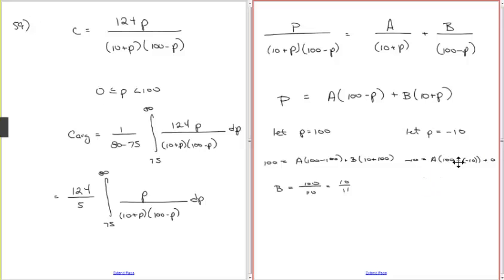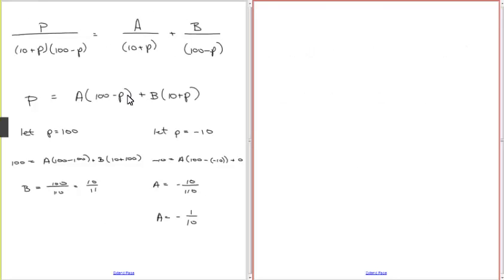So we'll end up with negative 10 divided by 110, and therefore A is equal to negative 1/10. So those are A and B.